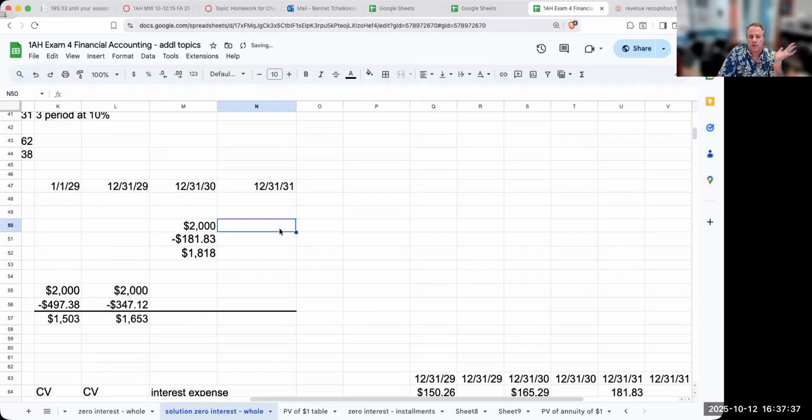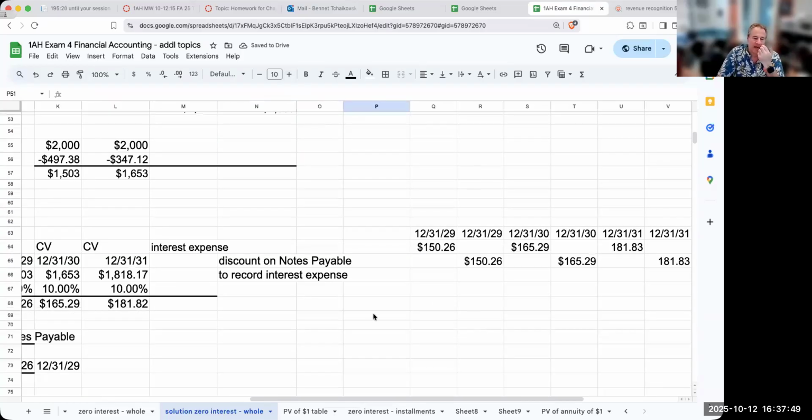So once I record this, this is basically now at 0, right? So now this is showing up here on my balance sheet tentatively at $2,000. So the very last step on 12/31/31 is I'm going to be crediting cash, and then I'm going to be debiting notes payable.